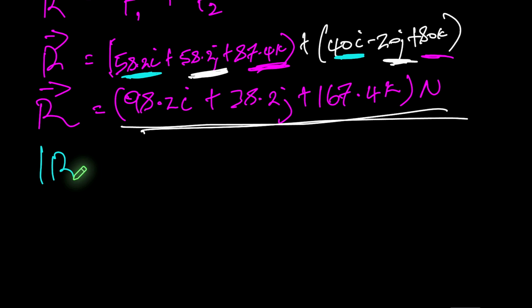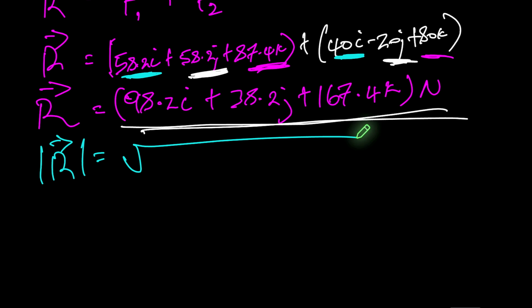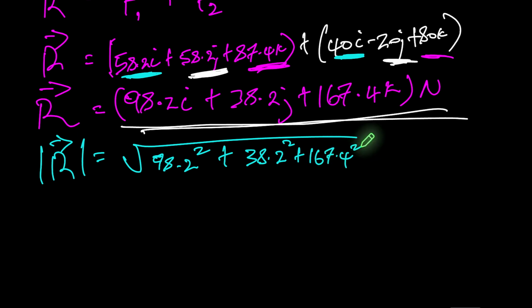The magnitude of the resultant force is found exactly as we did before when we found the magnitude of AB. So this is going to be the square root of 98.2 squared plus 38.2 squared plus 167.4 squared.